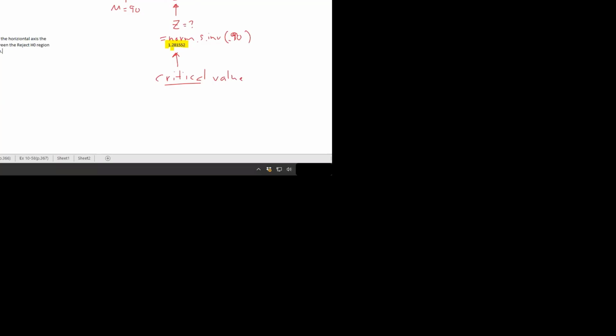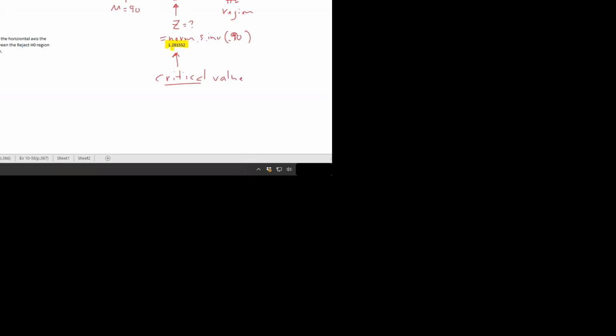All right. So where are these two regions in this distribution? The yellow shaded area is known as the reject H0 region.